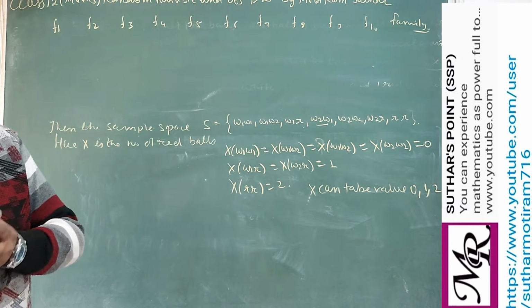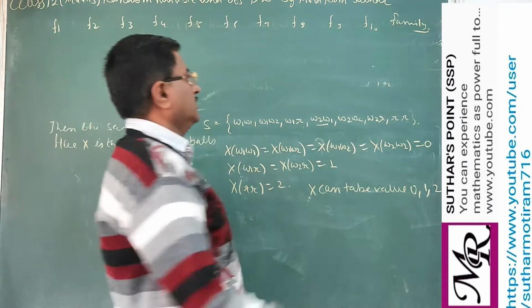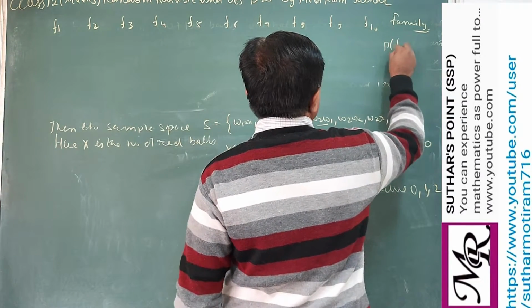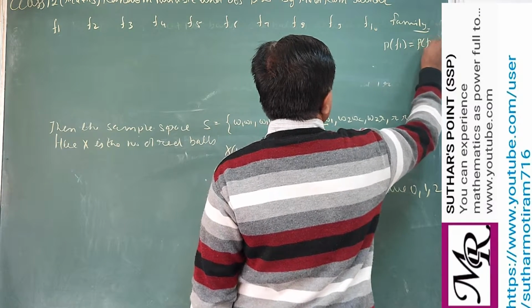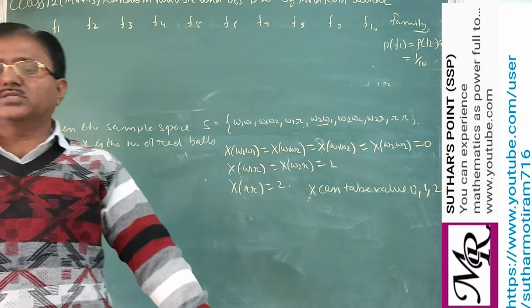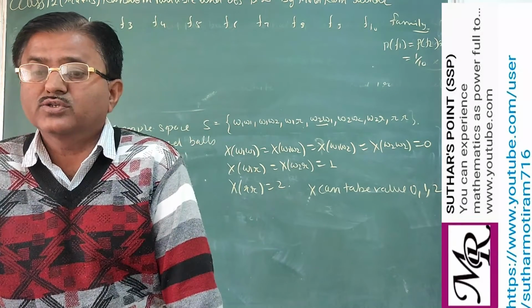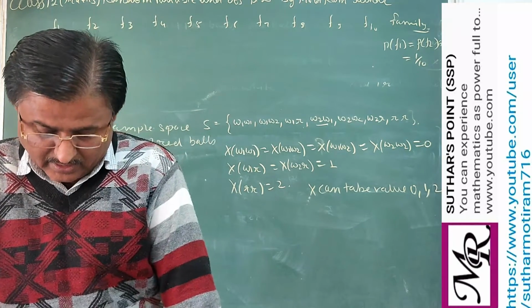Out of these 10 families, the probability of selecting each one is equal to 1/10. Everyone has an equal chance of being selected. So the probability of selecting each family is 1/10.